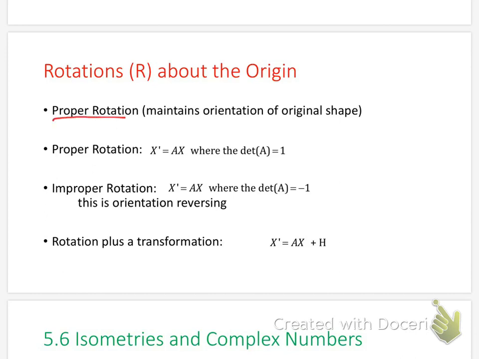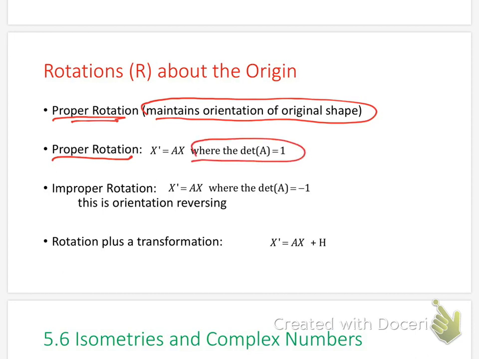If something is a proper rotation, it maintains the orientation of the original shape. So the proper rotation is where x prime equals A times x, and where the determinant of A is 1. If it's improper, then the determinant of A is going to be negative 1, and this is an orientation reversing operation.